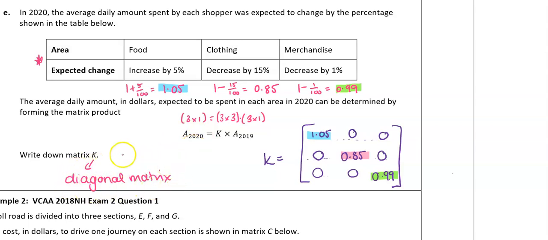So that points me towards using a diagonal matrix, where only the things in the leading diagonal are going to have an impact. Everything else are zeros so that they create like placeholders.